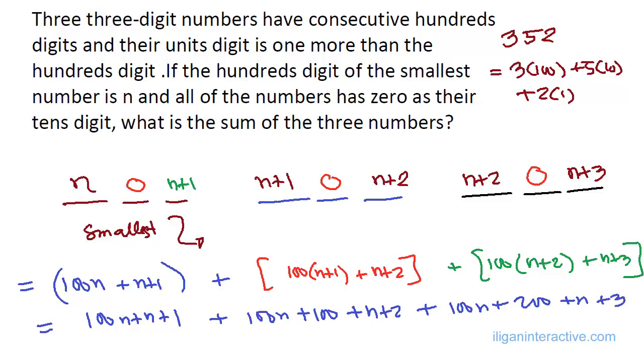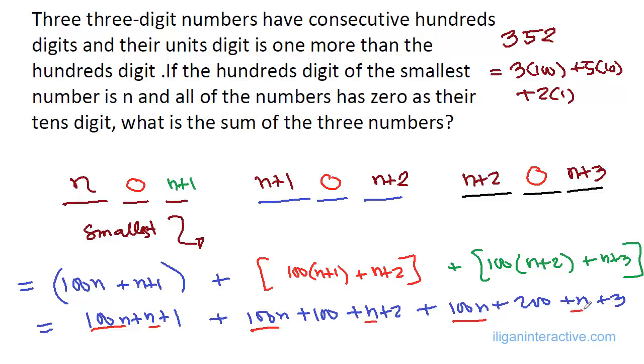And now we combine all the like terms. 100n and another 100n, another 100n, that's 300n, plus 3n.